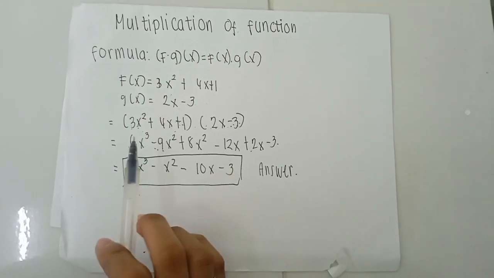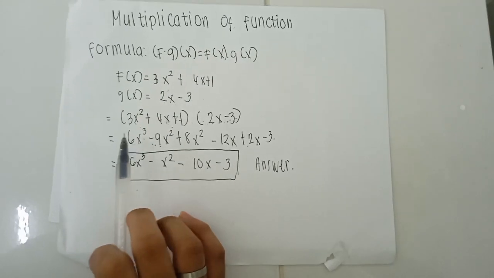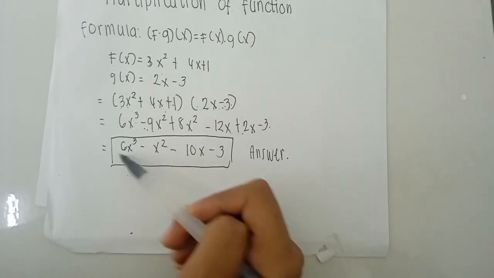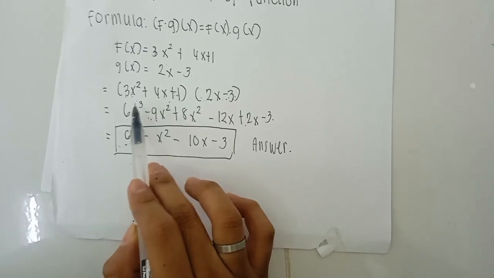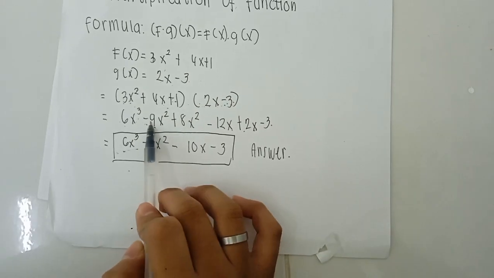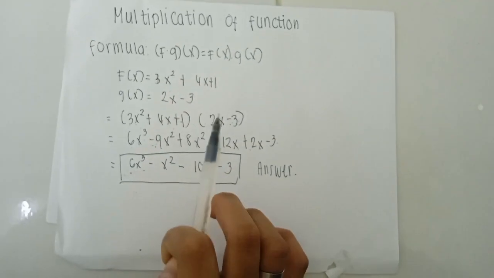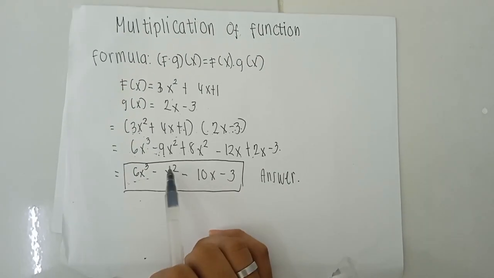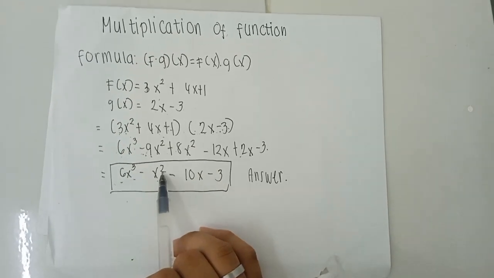So walang cube. So walang kapareha si x. Ay si x. 6x squared. So just copy. Copy natin. So negative 9x squared plus 8x squared equal to negative x squared.